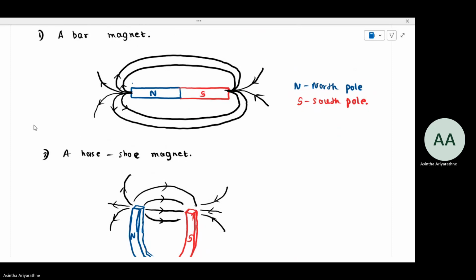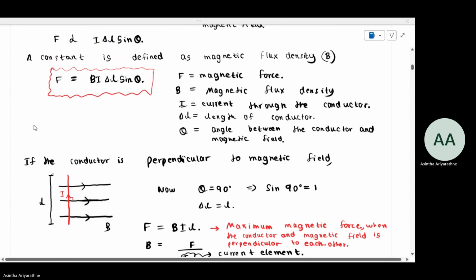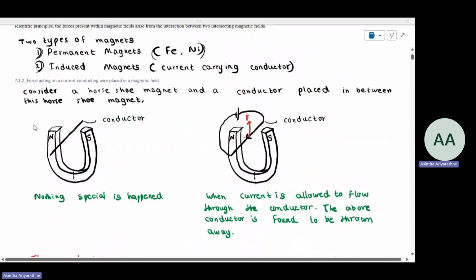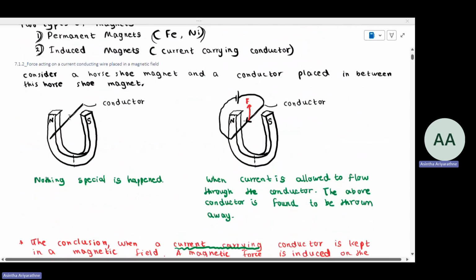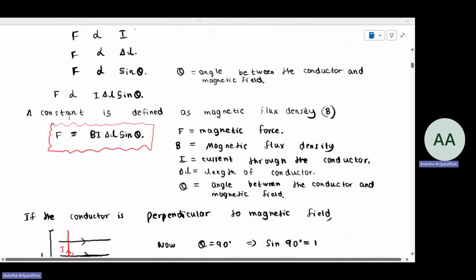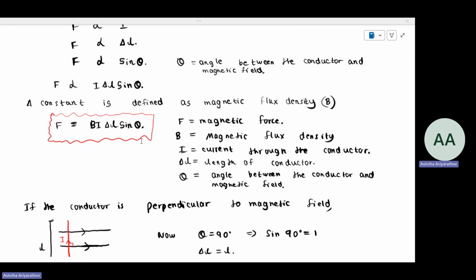So here, first we learned that there are two types of magnets, permanent and induced magnets. And we studied the magnetic force acting on a current carrying conductor.